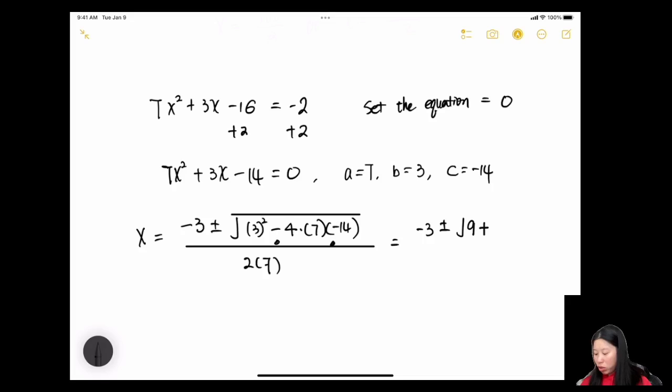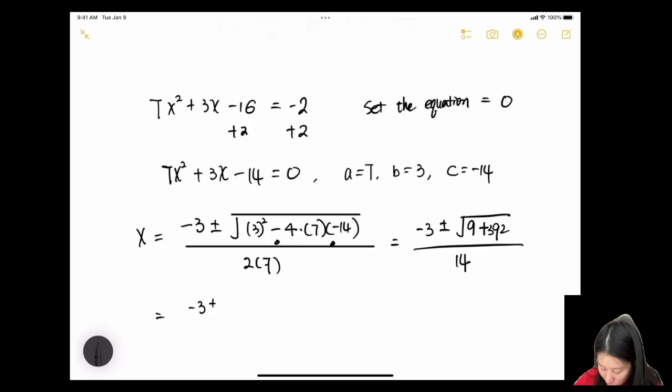I don't know what this equals, so let me use a calculator. 4 times 7 times 14 equals 392. So I have negative 3, plus or minus the square root of 401, over 14.